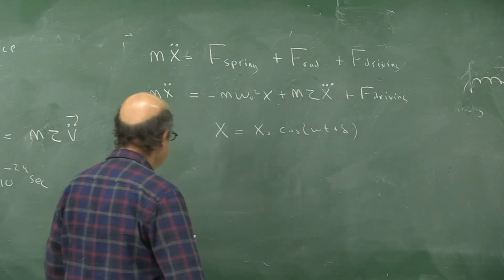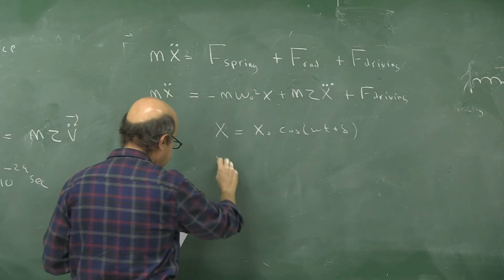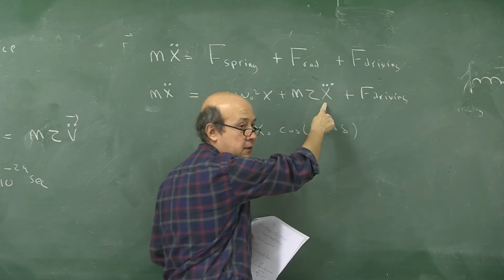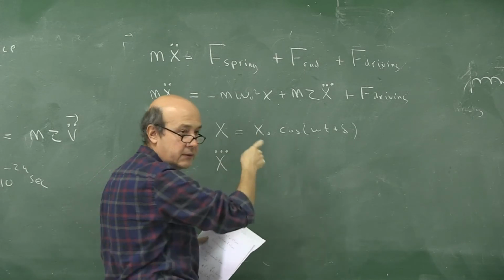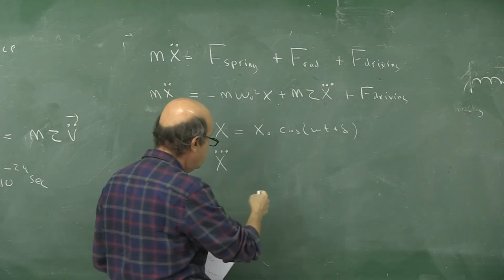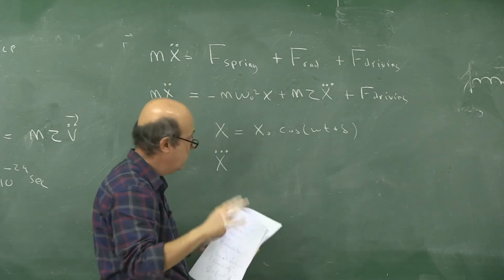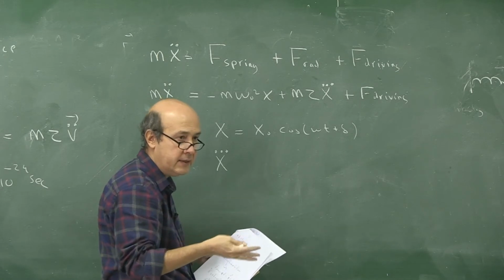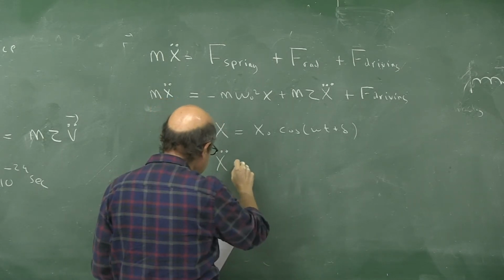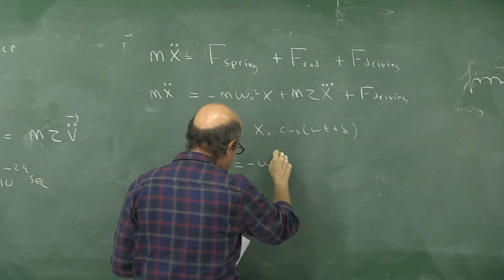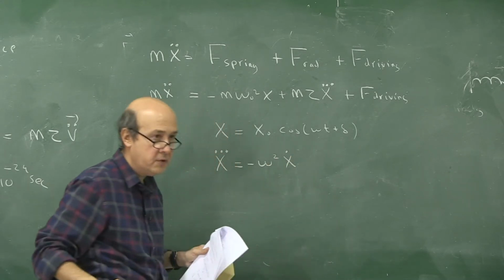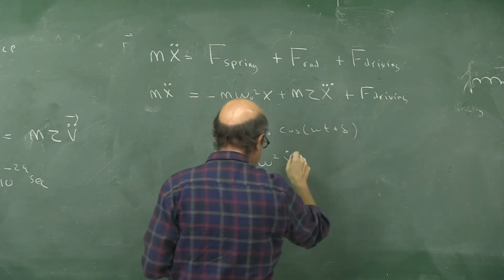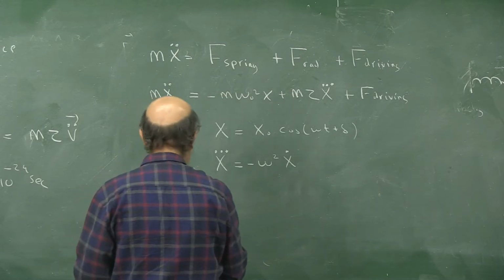If I take the triple derivative, which I will need in this calculation, what will you obtain? The first derivative gives omega times sine, the second gives cosine times omega square. So the triple derivative will be omega square times the first derivative. Instead of x triple dot, if you put this in, you will obtain a very nice equation.